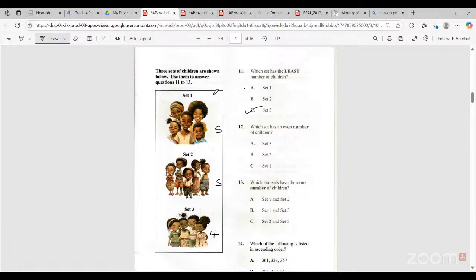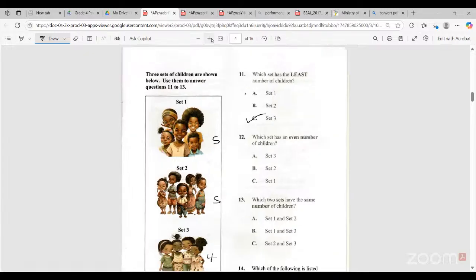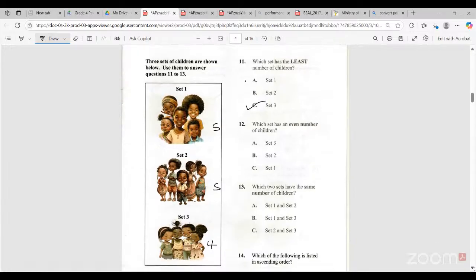All right. Which set has an even number of children? What do you guys see for number 12? Let's go, guys. What's for number 12? All right, set 3 again.